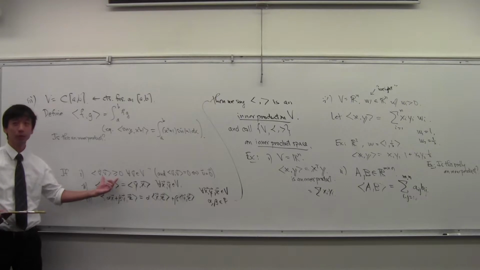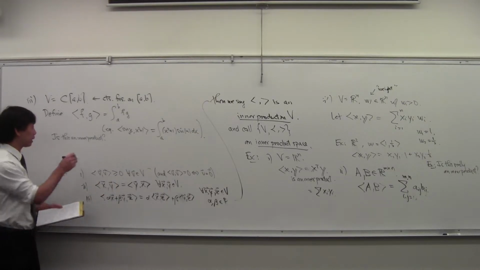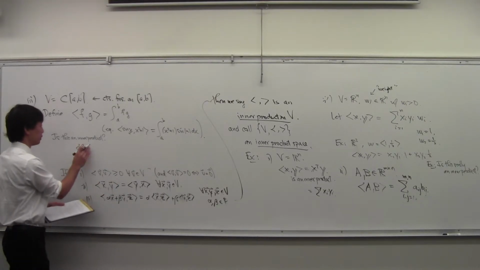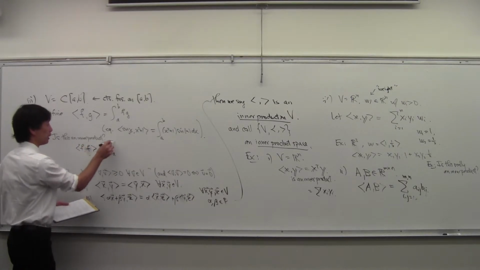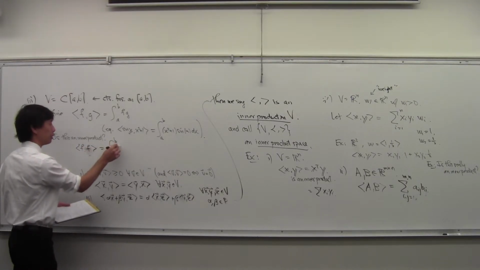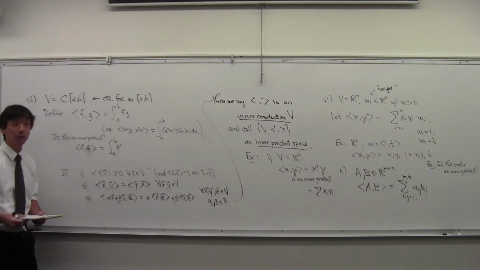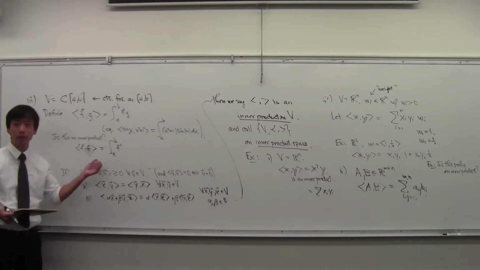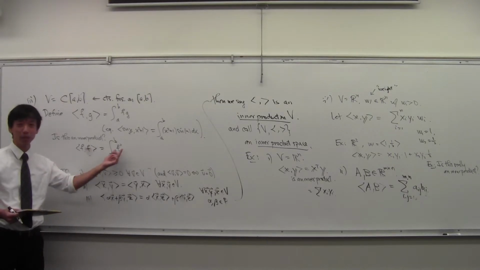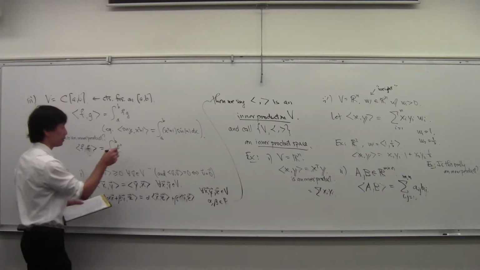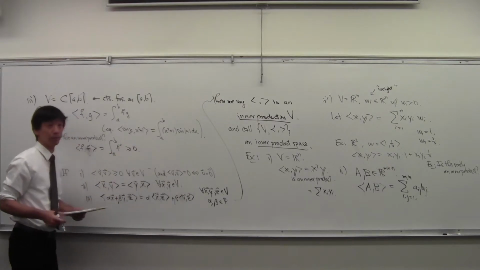Is that true? If I take a function and inner product against itself, what do I get? I get the integral of f squared. Is that greater than or equal to 0? Sure, because you're integrating a non-negative function.